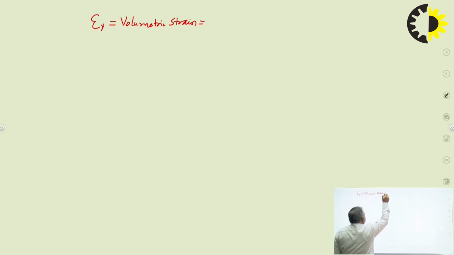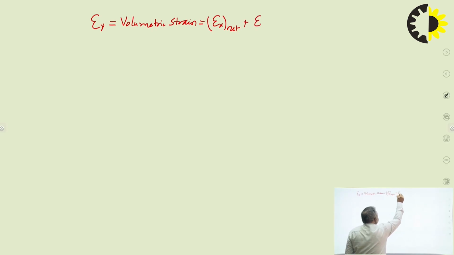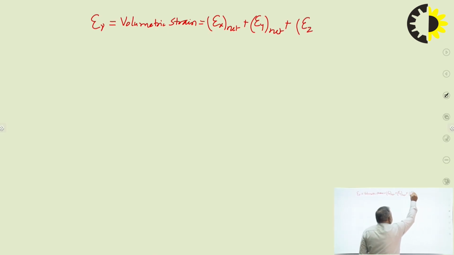So in case of volumetric strain, epsilon V, is equal to epsilon x net plus epsilon y net plus epsilon z net.